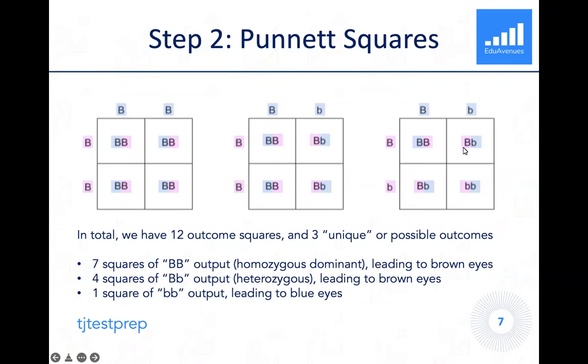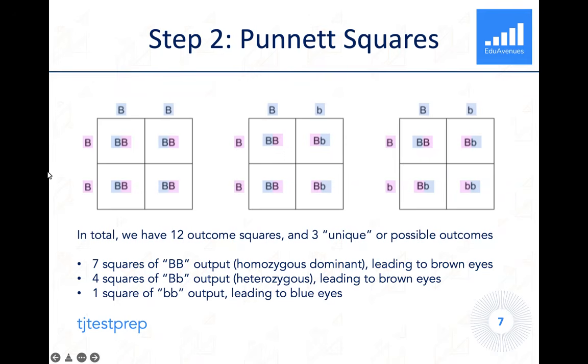In the square just to the right of it, so the top right, we have one uppercase B, the pink one, being passed over, and then we have the lowercase b. And in this case, if we have one upper and one lower, the brown would display because it's the dominant trait. Same thing in the bottom left corner, and in the bottom right, we have the recessive allele for both parents being passed down. And if we have lowercase b, then we end up with blue eyes.